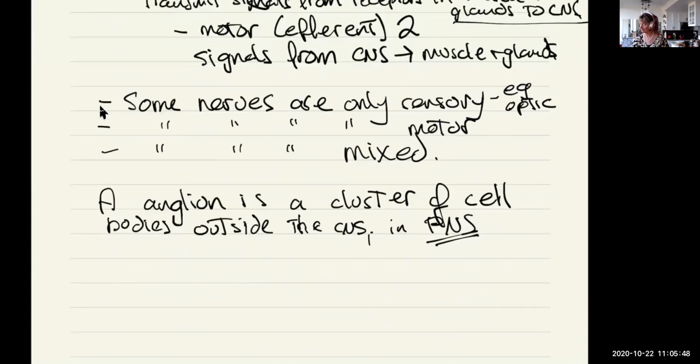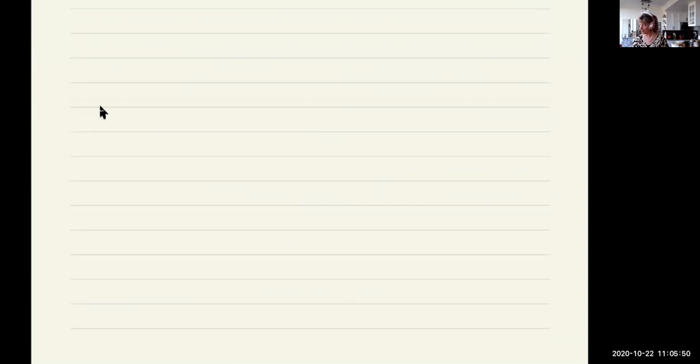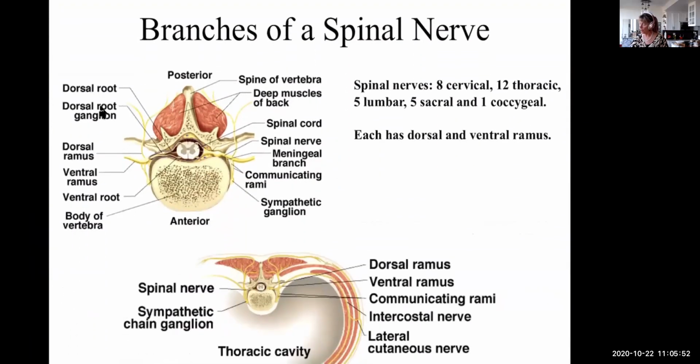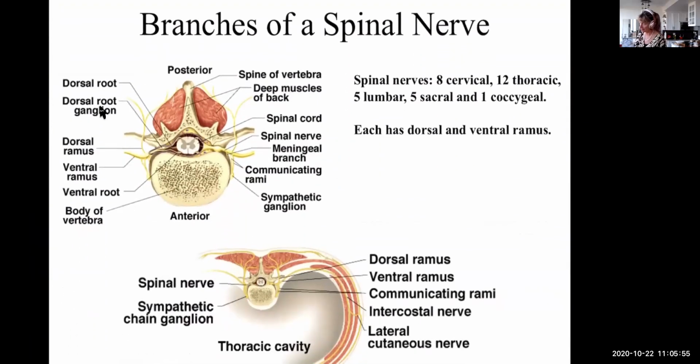Good questions, good questions. So let's look at branches. There are 8 cervical spinal nerves, 12 thoracic, 5 lumbar, 5 sacral, and 1 coccygeal. Each nerve branches.